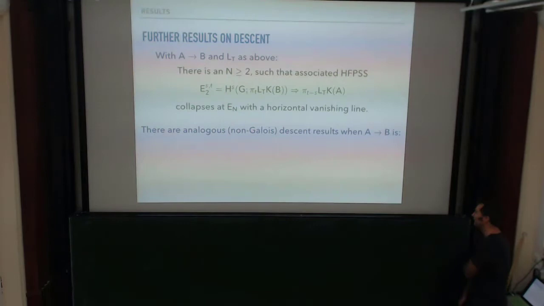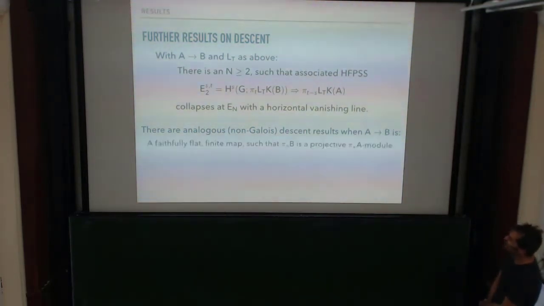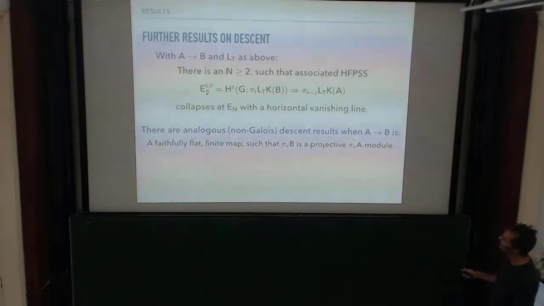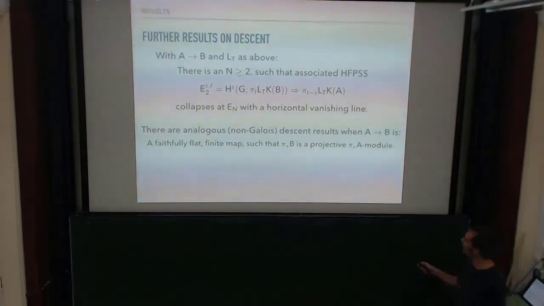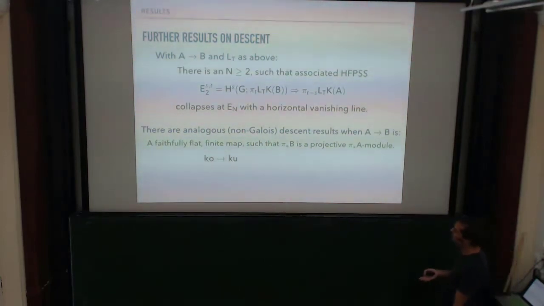We also have descent results that are not of Galois type. So if I have a map of rings from A to B, say that's faithfully flat, finite, and say pi star B is a projective pi star A module, then we also will have a descent result, a Tot tower. So we get local flat descent.